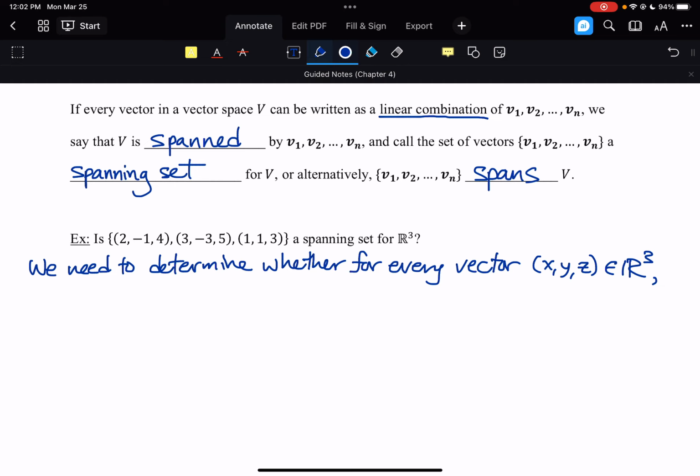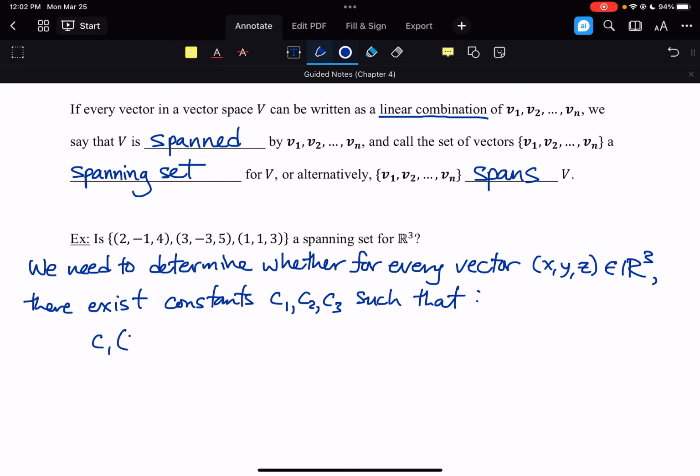So we need to determine whether for every vector there exist constants C1, C2, C3 such that C1 times (2, -1, 4) plus C2 times (3, -3, 5) plus C3 times (1, 1, 3) equals (x, y, z).